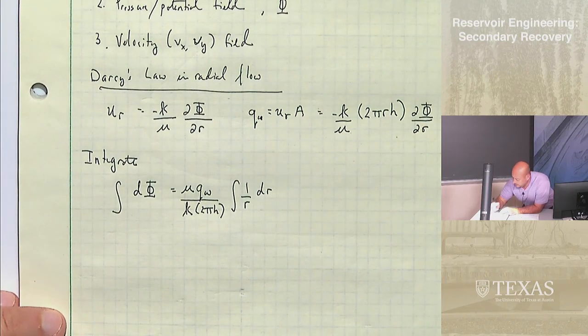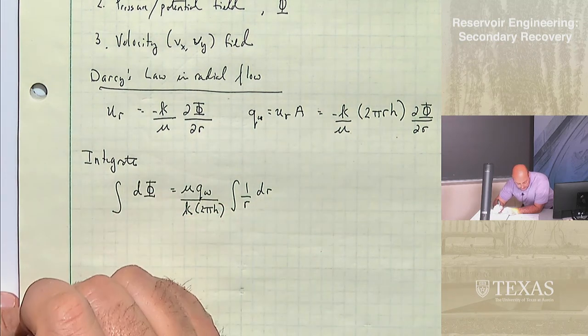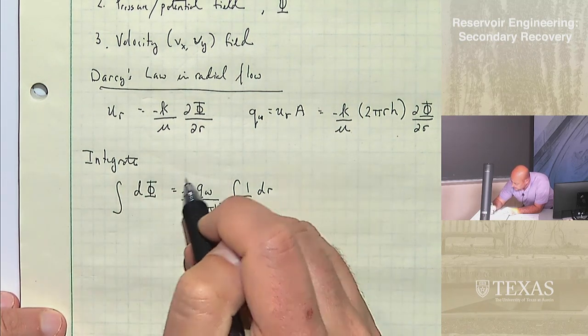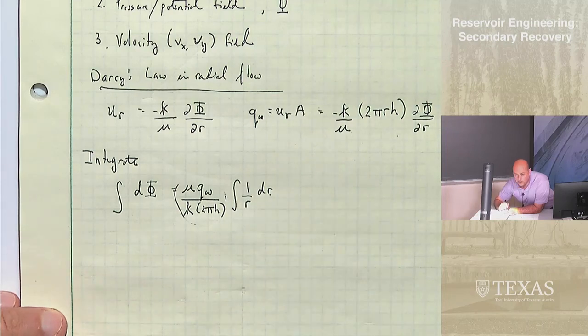Okay, so this integral is obviously very easy. These are all constants, and this is the integral of 1 over r dr, which is just the ln of r.